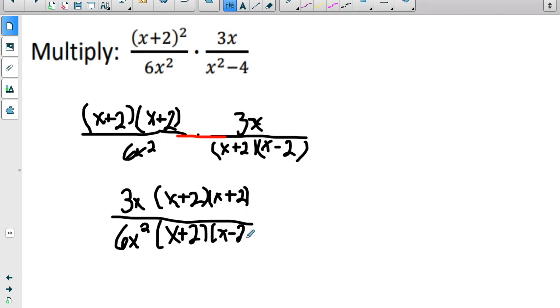Because we can rewrite it back out. And if that's easier for you to be able to solve, do it that way.